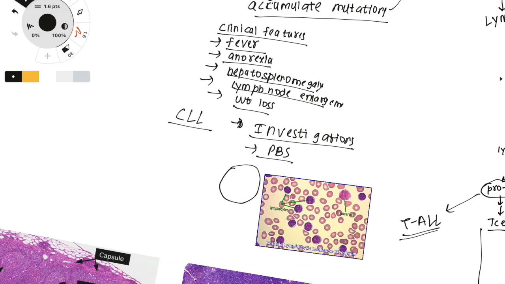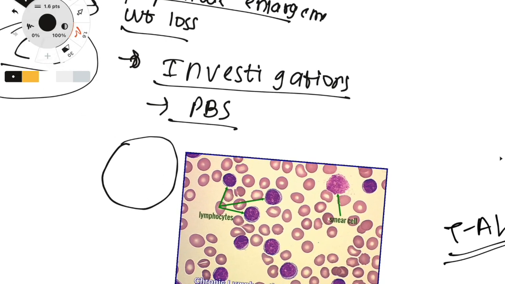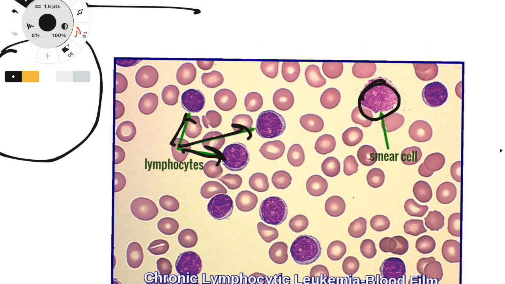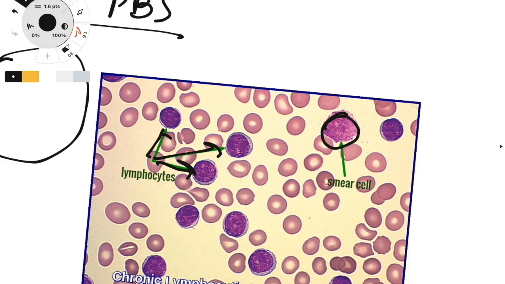We do investigations to confirm that our patient has CLL or SLL. First of all, we do a peripheral blood smear, and here we see a lot of lymphocytes and smudge cells. We also call it a smear cell, but yes, smudge cells. We see lymphocytes with a large nucleus, scant cytoplasm, and a lot of RBCs.